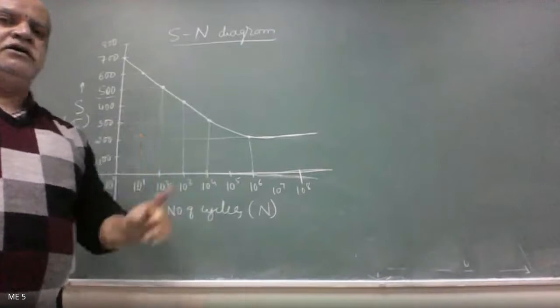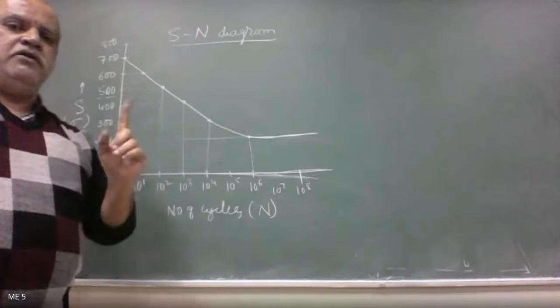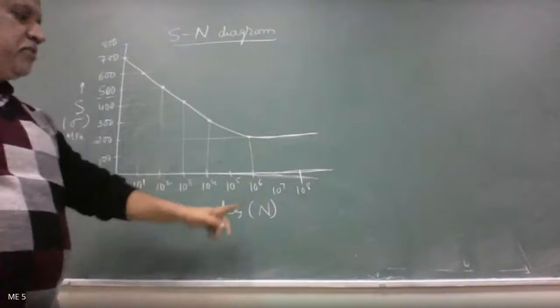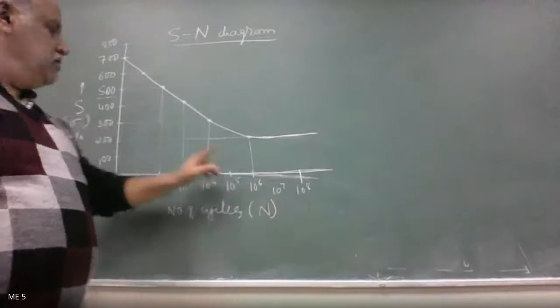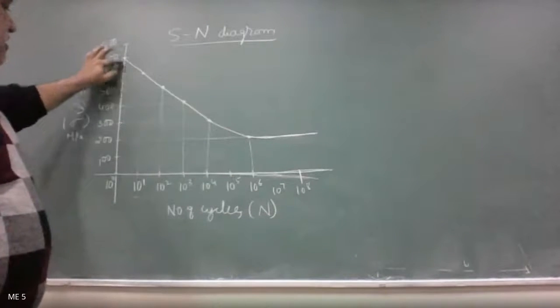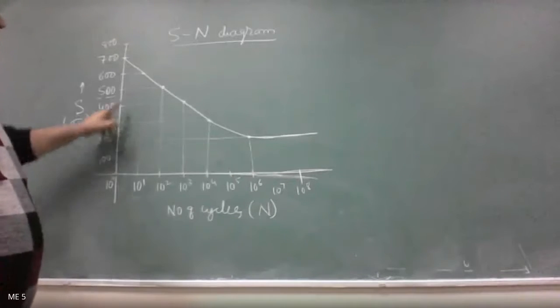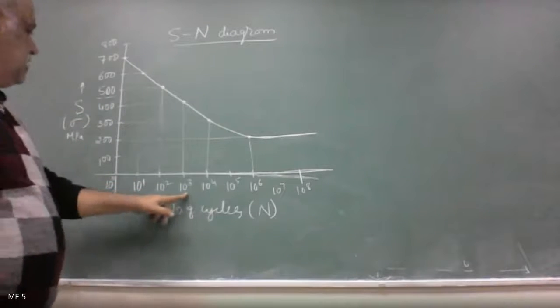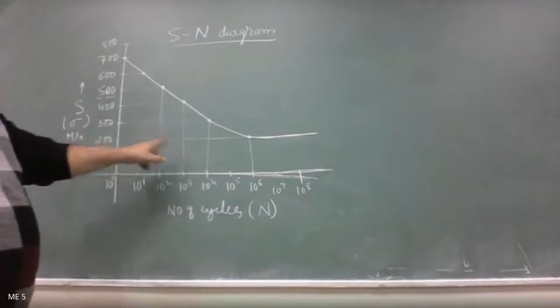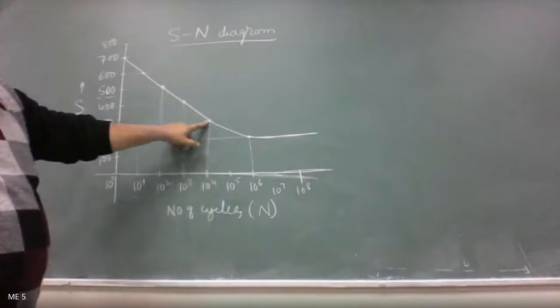It is the stress at which the component can withstand 10 power 7 to 10 power 8 number of cycles. All right. So at 700 megapascal, it has failed in the first cycle itself. At 400 megapascal, it has failed at 1000 cycles. At 300 megapascal, it has failed at 10,000 cycles.